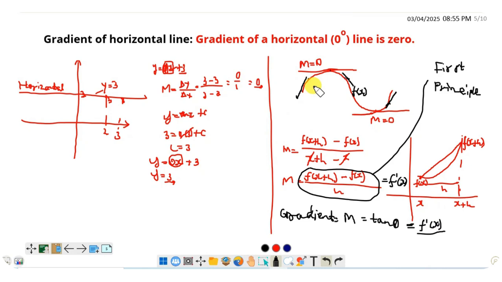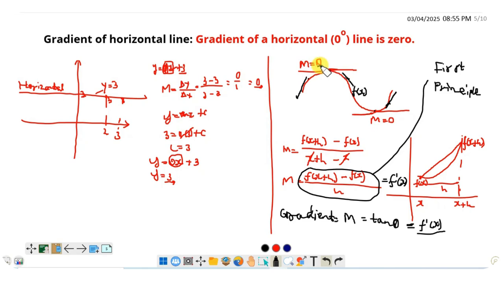I wanted to explain that so that we can continue. Now look, we have a turning point here. It means if I derive this once, I will have the equation of the gradient. What do we know about the gradient of a tangent line at a turning point?